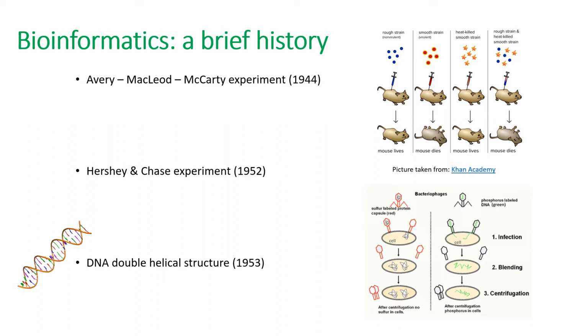But then there was another combination where they mixed the non-virulent rough strain with the heat-killed smooth strain, which is also non-virulent. When they injected this mixture into the mouse, they expected the mouse to live, but the result was that the mouse died.